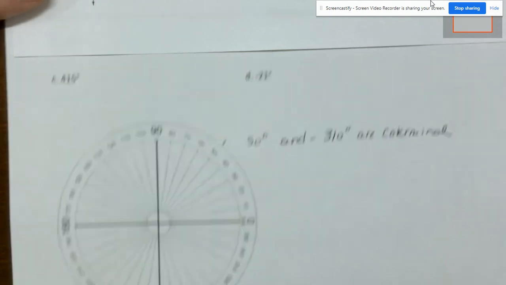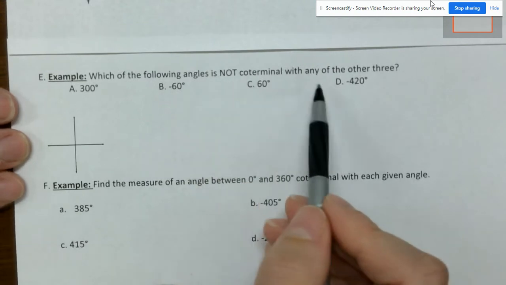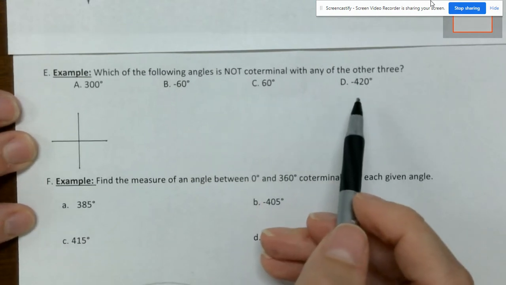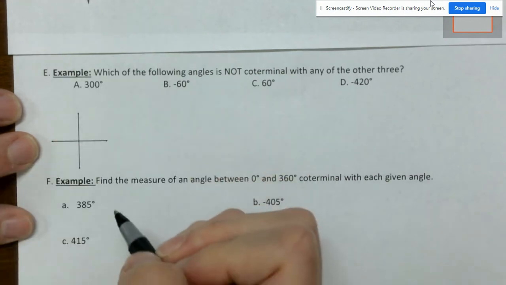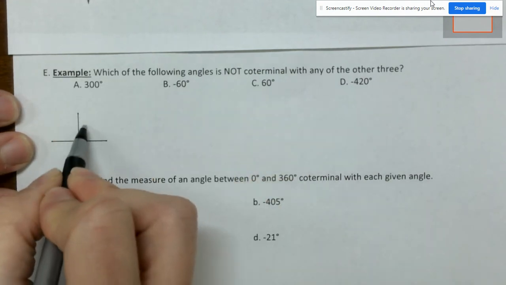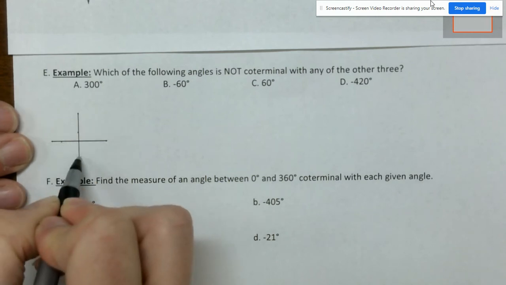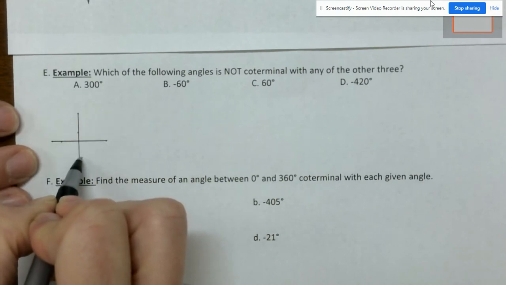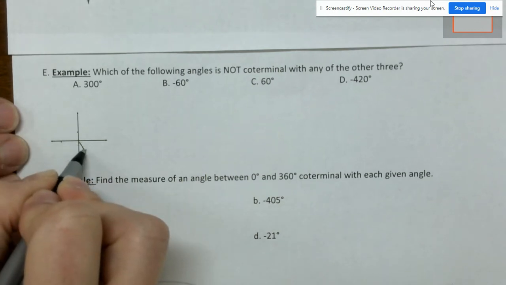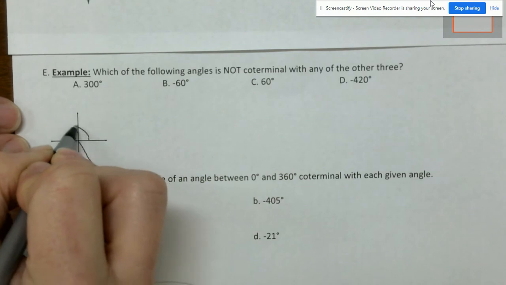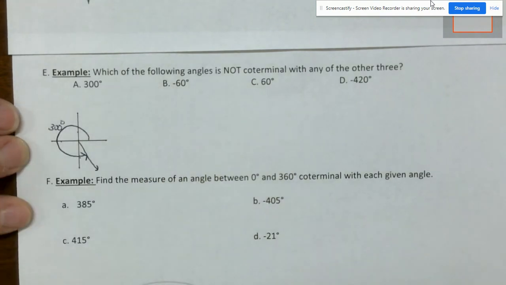So now let's look at an example up here. Which of the following angles is not coterminal with any of the other three? So if we're talking about 300 degrees, that's going counterclockwise. So this would be 90, 180, 270, and then 280, 290, 300. So we're looking at somewhere right in here that is this 300 degree angle. So that's that first angle.